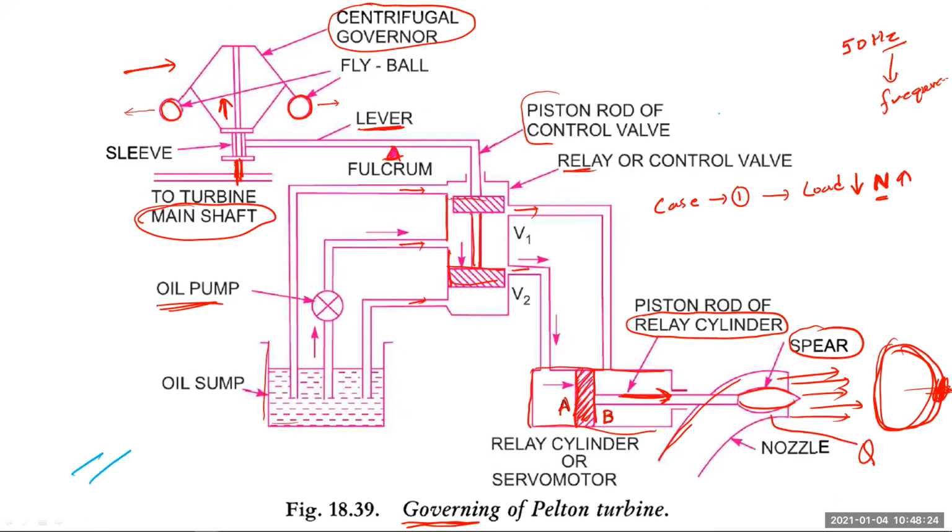Okay, now it's working. Now we have seen that when the load decreases, the speed will increase. So in that situation, to regulate the speed, we need to reduce the flow rate. It means we need to pull this piston in the forward direction.